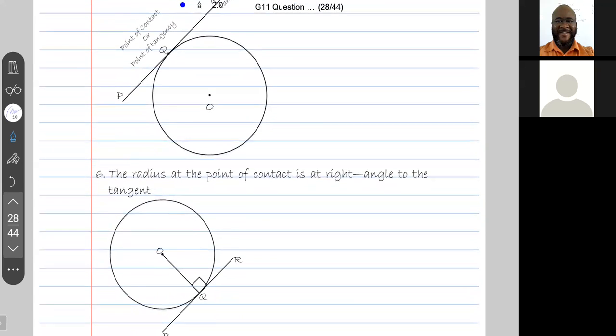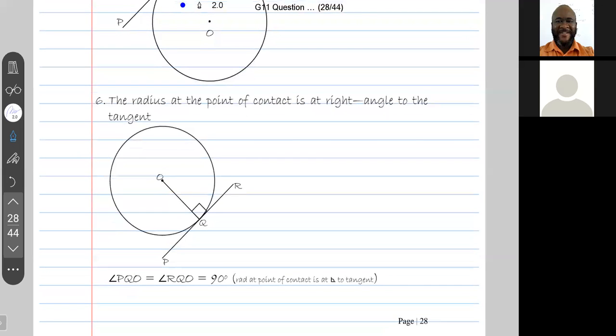Guys, the next circle theorem says the radius at the point of contact is at right angles to the tangent. So in my diagram, I have my tangent. Now, the point where the tangent touches the circle is the point of contact.